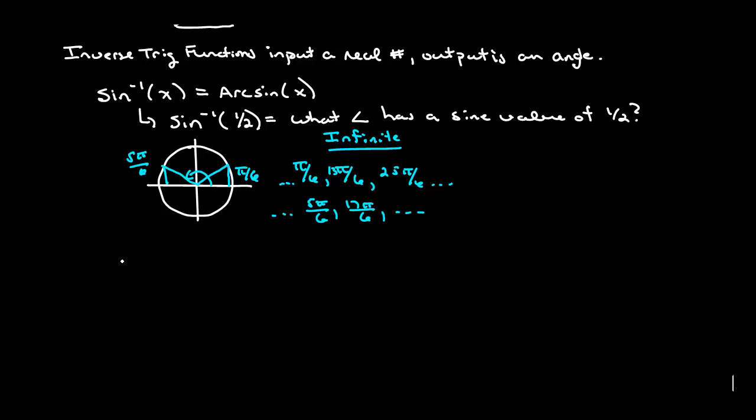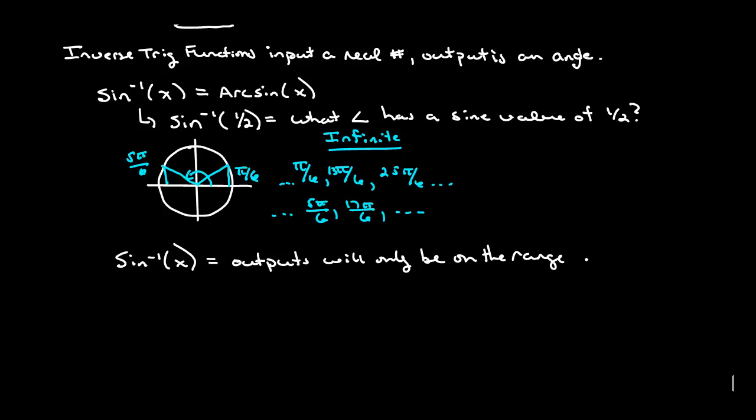So what we're going to say is that the inverse sine, or the arc sine of x, the outputs, the numbers that we can get out, will only be on the range from negative pi over 2 to positive pi over 2.